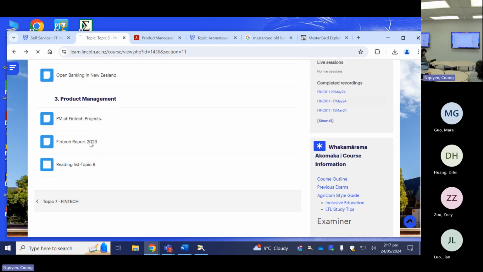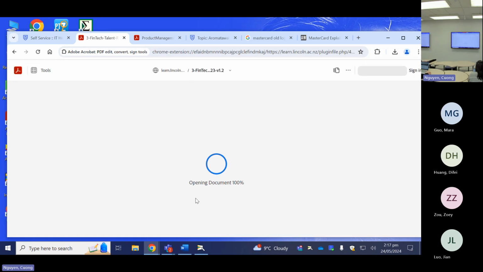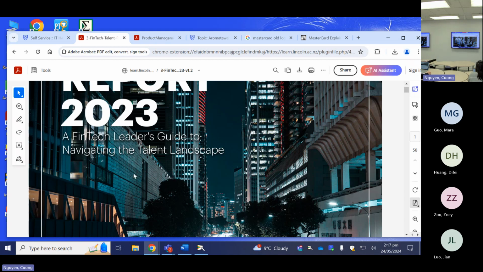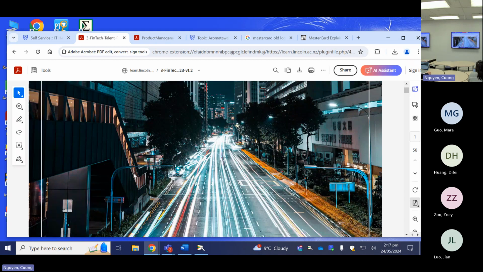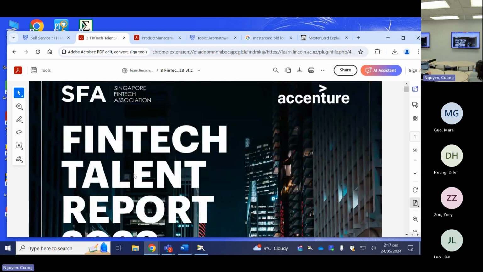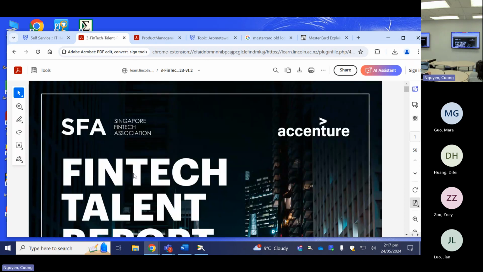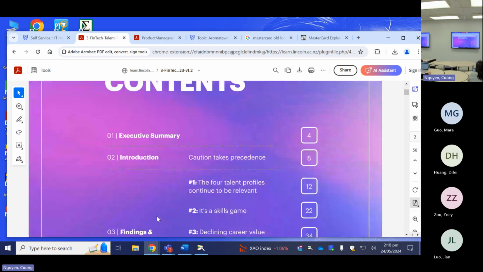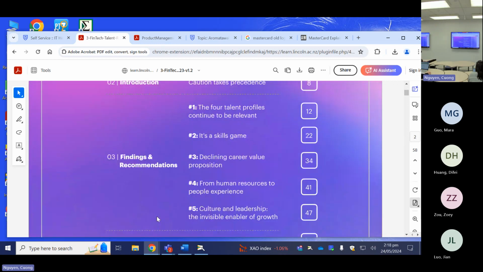And we have the FinTech report here, the FinTech report for 2023 from Singapore, for you to see what we have with the FinTech industry in 2023. A lot of information here.